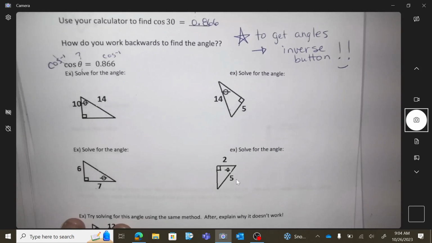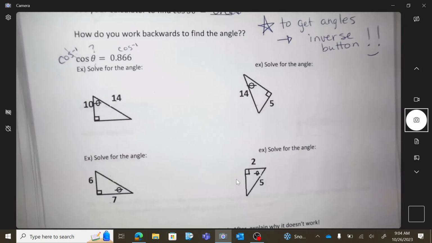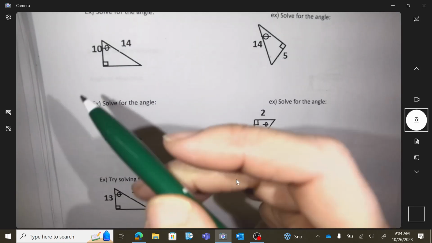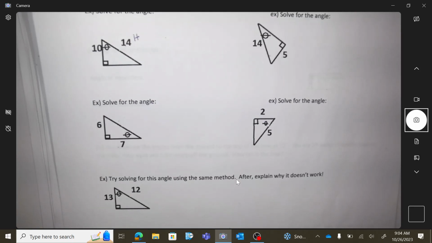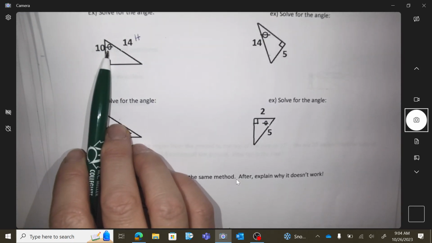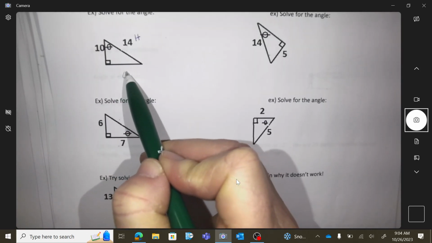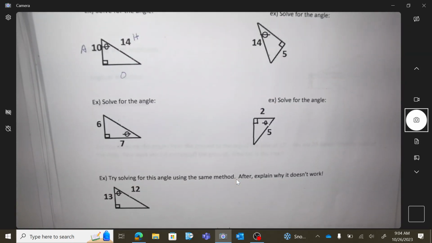Okay, so number 1, here's how it works. Yesterday, give me on this triangle, put an H somewhere across from 90, H. If this is the angle that I'm dealing with, where's the O and where's the A? Opposite, adjacent. Out of those 3 letters, which one is irrelevant to this problem?